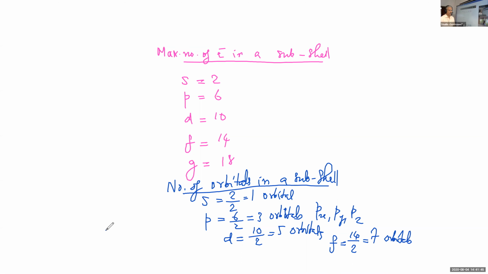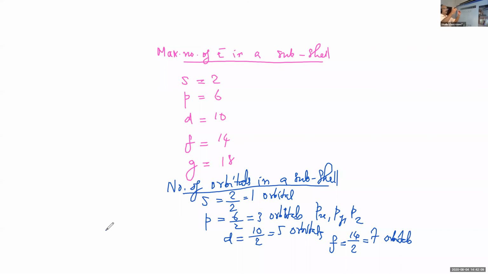So now we have calculated the number of subshells and the number of orbitals in a given subshell. S subshell, only one orbital. In the P subshell, 3 orbitals. In the D subshell, 5 orbitals. And F subshell, 7 orbitals.